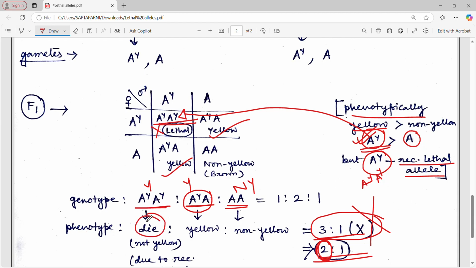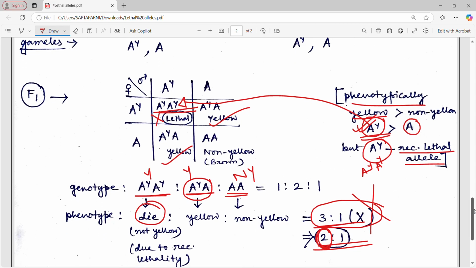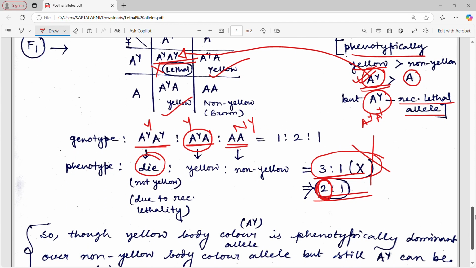So this progeny cannot show yellow body color or yellow coat color due to recessive lethality. And the phenotypic ratio gets modified from 3:1 to 2:1 in case of recessive lethality. So I think the concept is clear to you now.